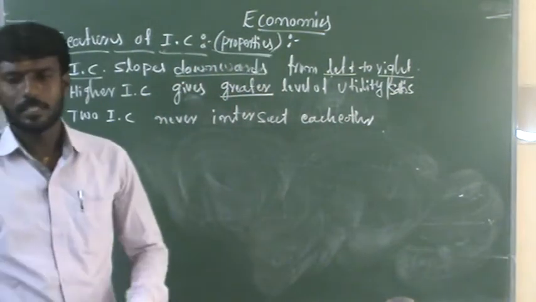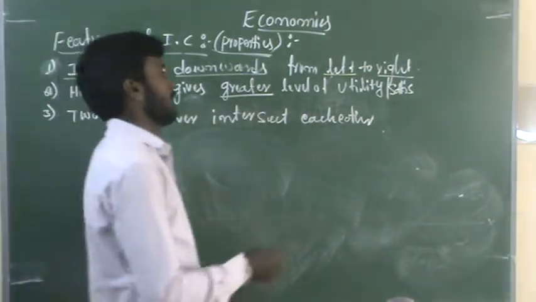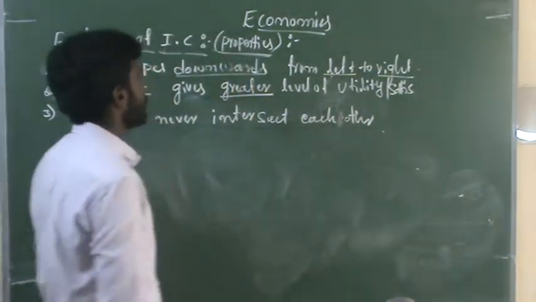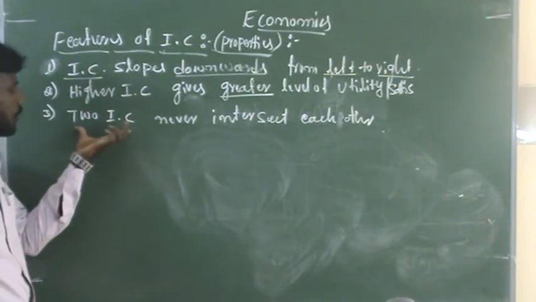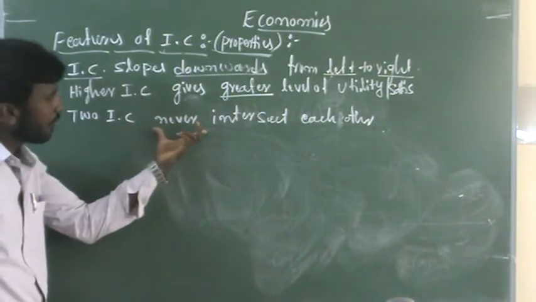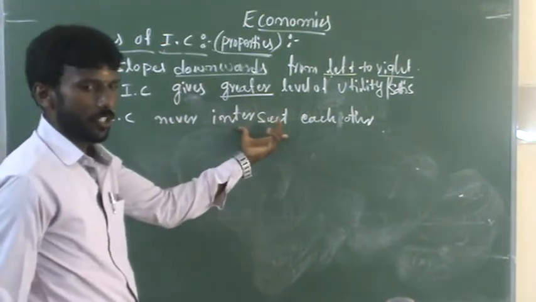Never intersect each other. The third important property of the indifference curve is that two indifference curves never intersect each other.